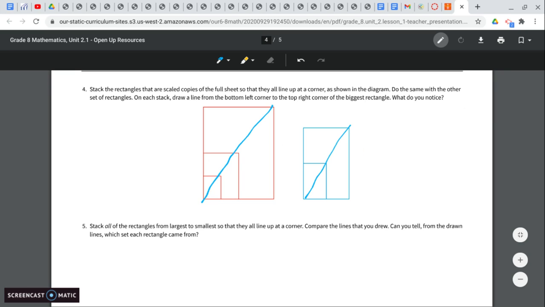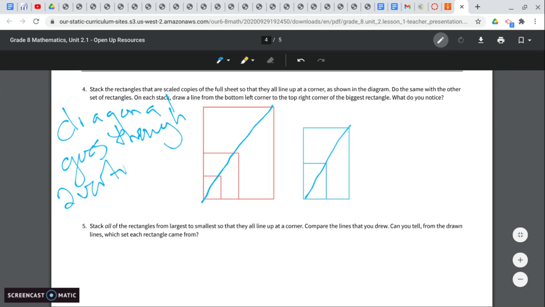So the diagonal goes through 2 vertices of the rectangle in each pile. So it's going through this bottom one that they all share, and then it should be going through this other corner, the opposite corner.